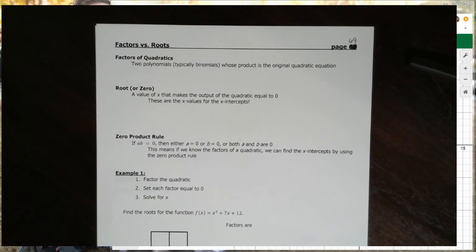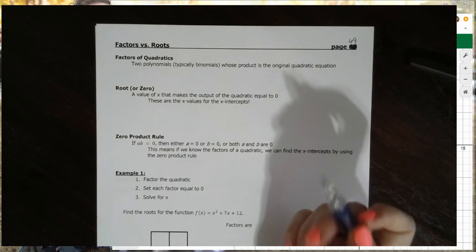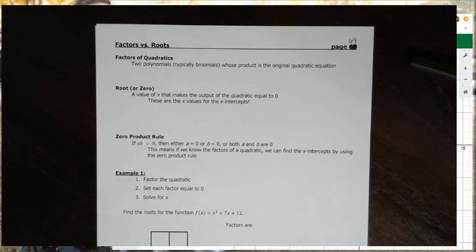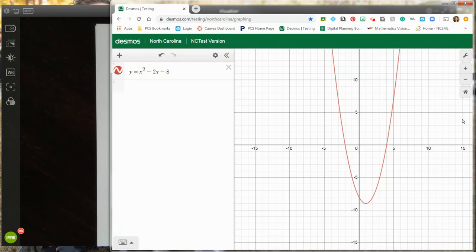So the reason that factors and roots are different is that a root or a zero is the value of x that turns our entire quadratic equation output, or y value, to 0. So what we're doing is finding the x values of the x-intercepts. If you are a graphical kind of person, I'm going to switch over to Desmos here.